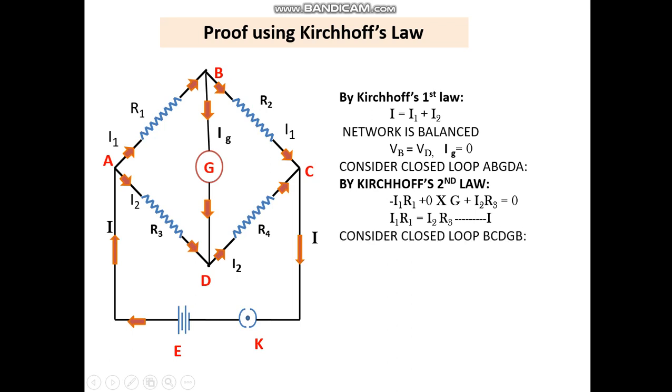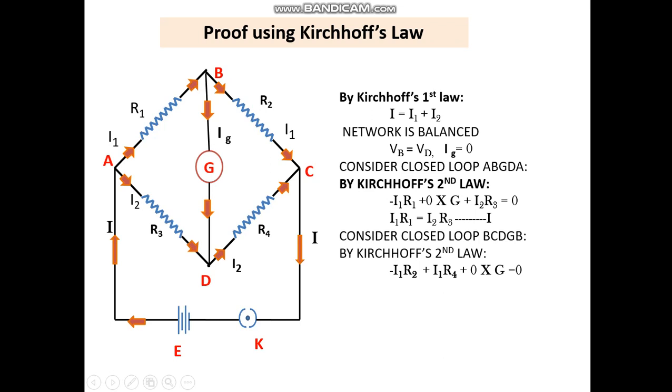Now consider the loop B, C, D, G, B. In this loop again use Kirchhoff's second law. The potential difference across R2 is I1 into R2, since it is in the direction, it is negative.